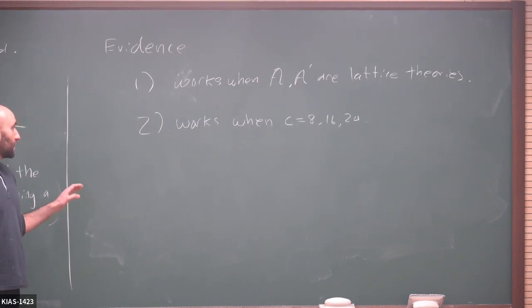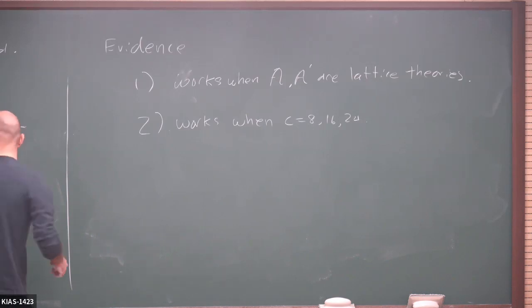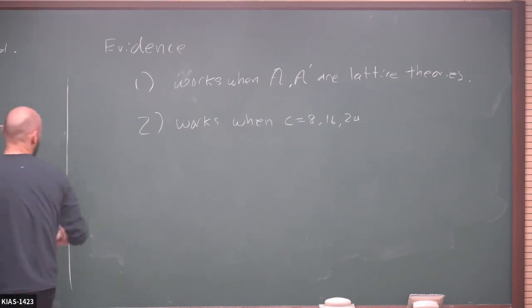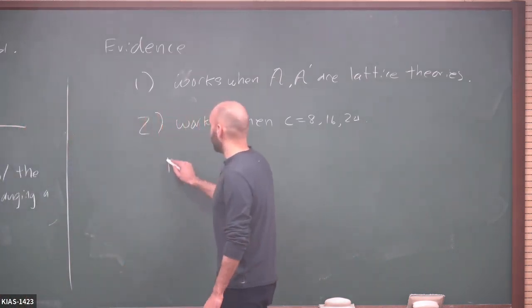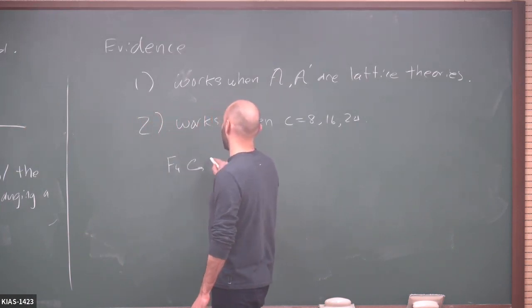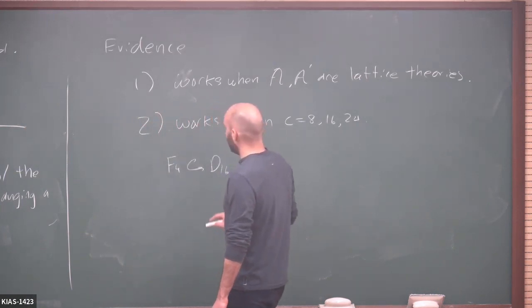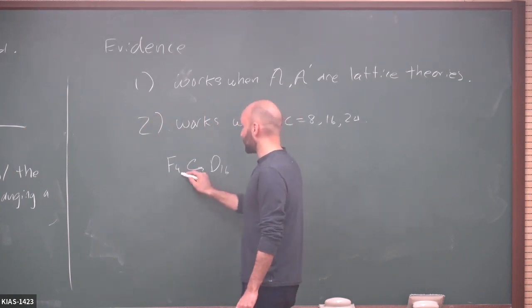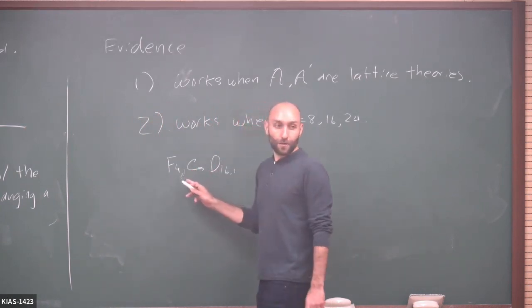So I didn't mention this, but you don't need just any old embedding. You need an embedding with special properties because what you need is for the levels to work out. So you're not just embedding F4 into D16, you're embedding F4 into D16 such that it has level 1.